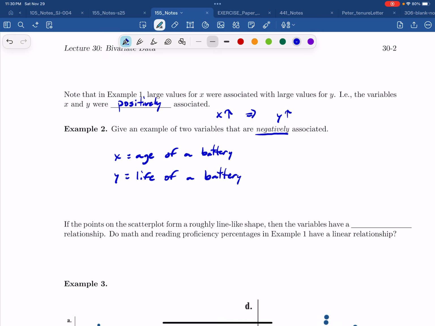If you take a battery that's brand new, it's young, its age is 0, or close to 0, and it's got a lot of life. But as it gets used repeatedly, as it ages, its age increases, but its life decreases. So as x increases, that implies that y decreases. Negative relationship.